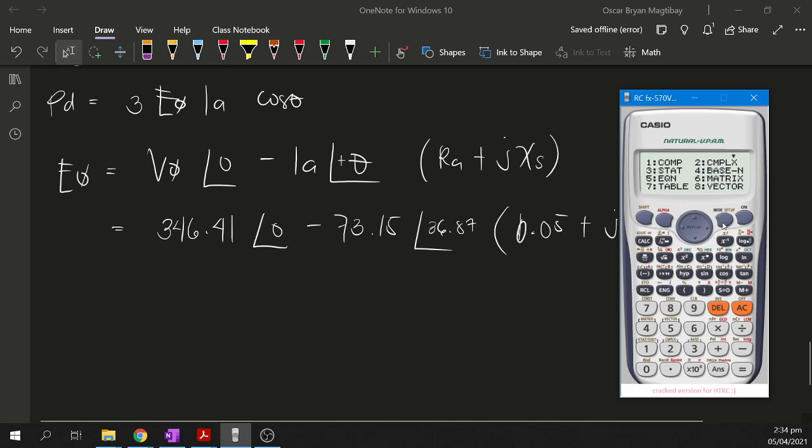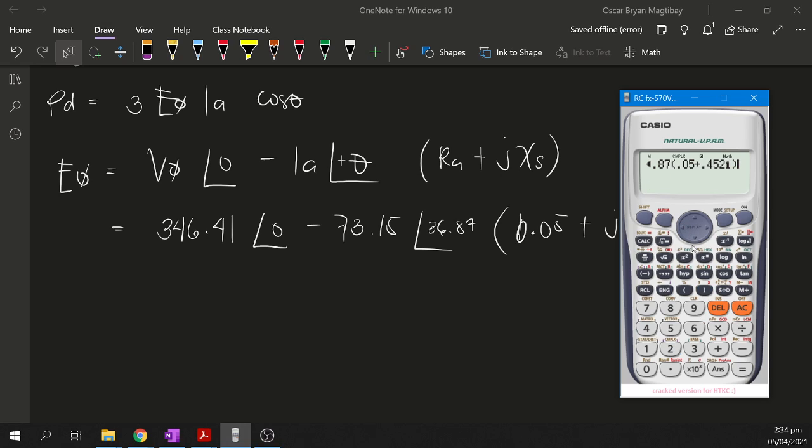So, remember, sa pag-solve natin ng complex, change your mode into complex, then you have 346.41 angle 0 minus 73.15 angle 36.87 times 0.05 plus 0.45 i.